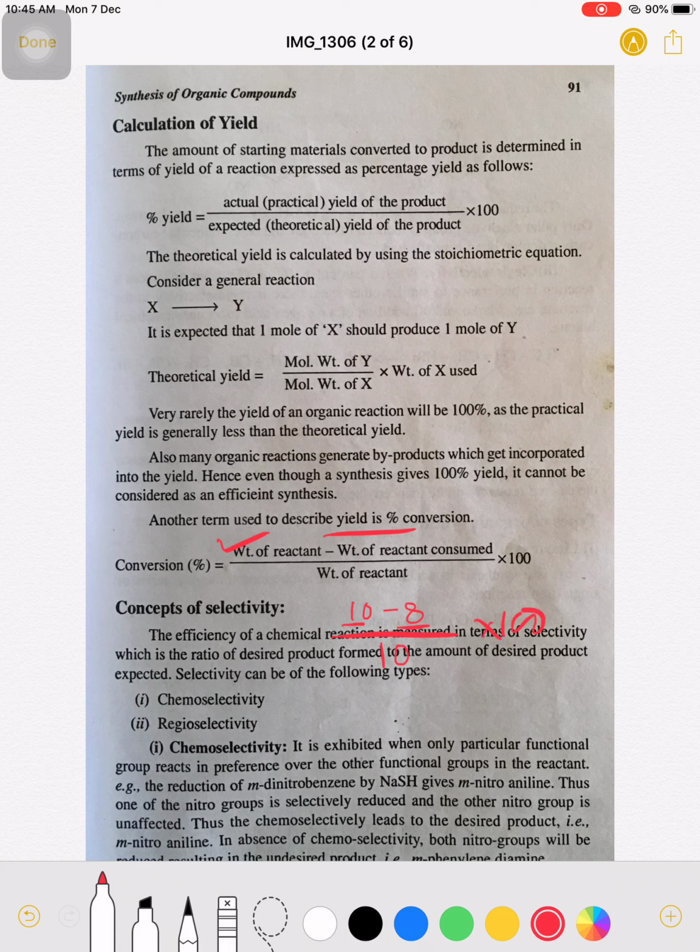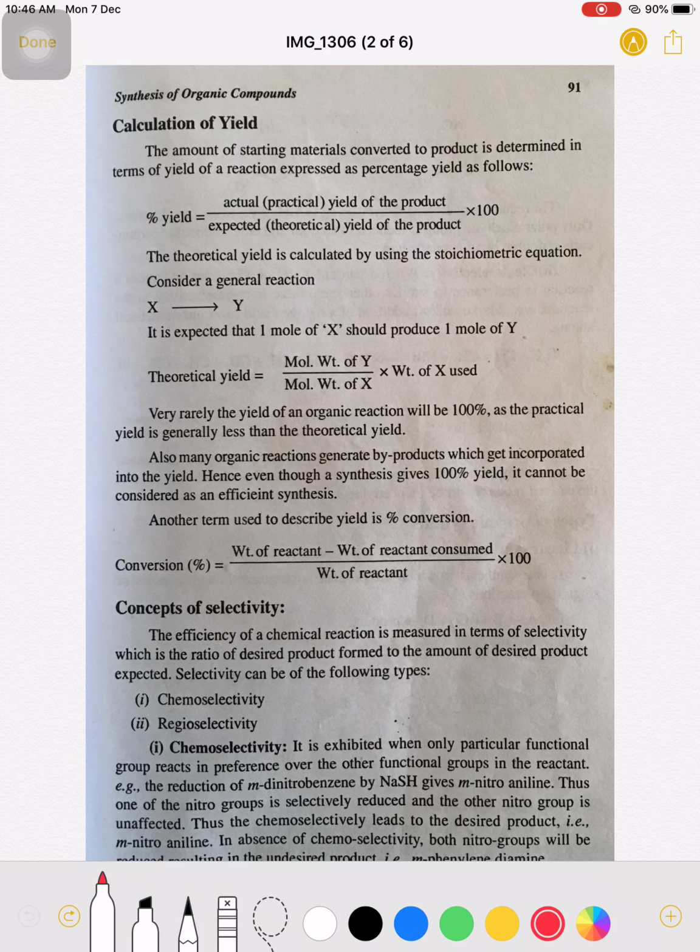So 10 minus 8, 2, divided by 10, into 100, is equal to 20%. So only 20% is remaining and 80% is converted into the reaction product. By use of these equations we can calculate the percentage yield or theoretical yield of the reaction.